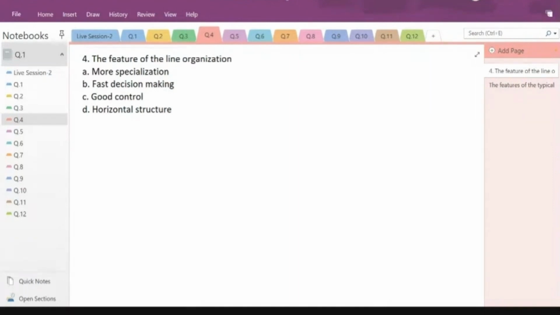Okay, D. Some people have answered D. Well, you can attempt, right? There's no such marking and everything. So just attempt, anything you feel is correct or wrong.